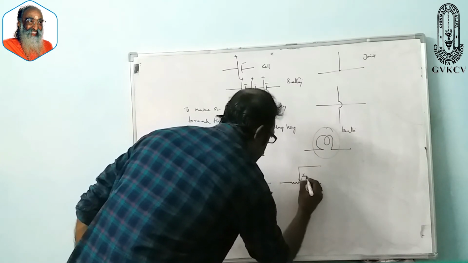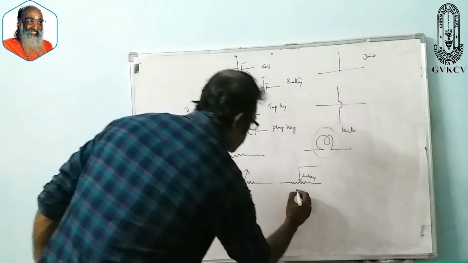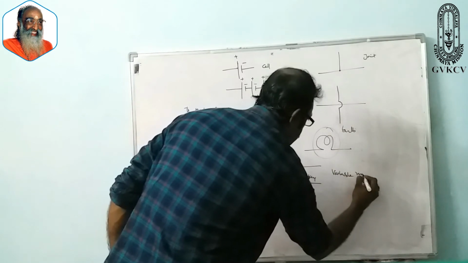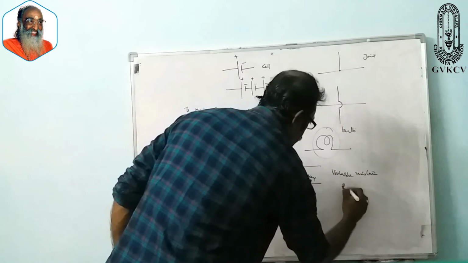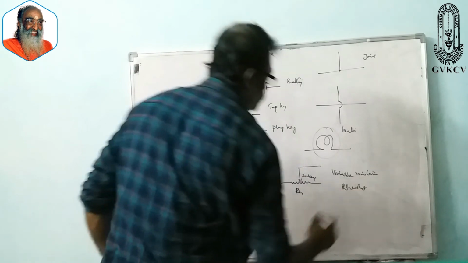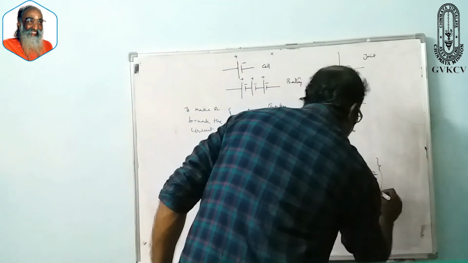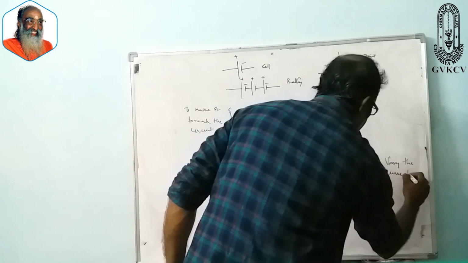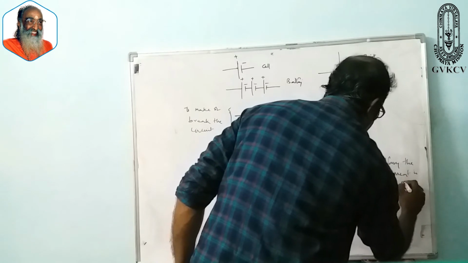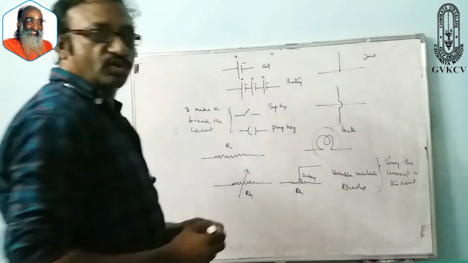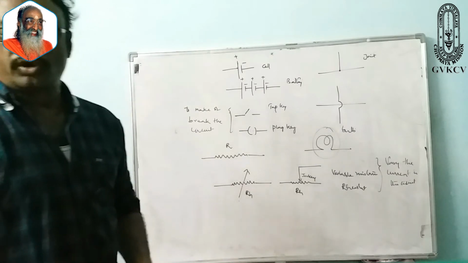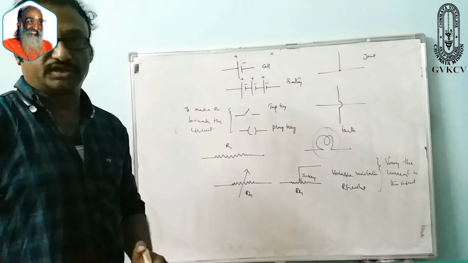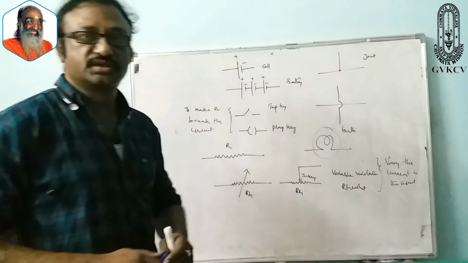We will be calling this a variable resistance or rheostat. This is used to vary the current in the circuit, that means without changing the cell or the battery, we can change the current in the circuit using this appliance.